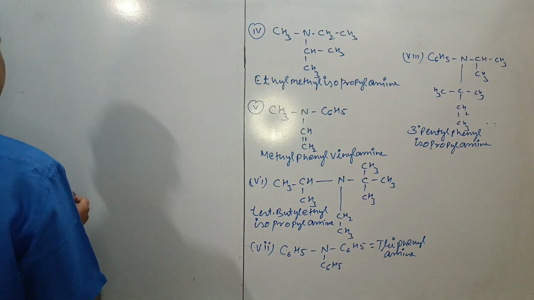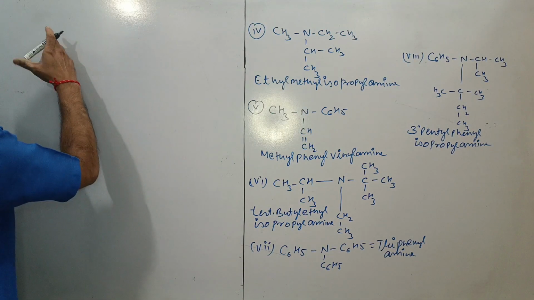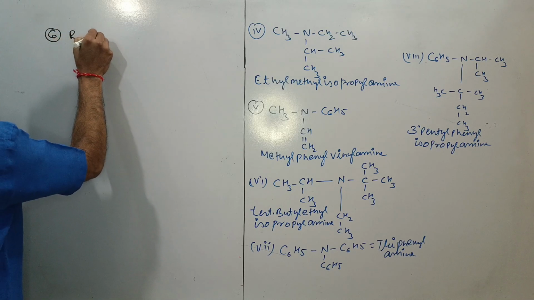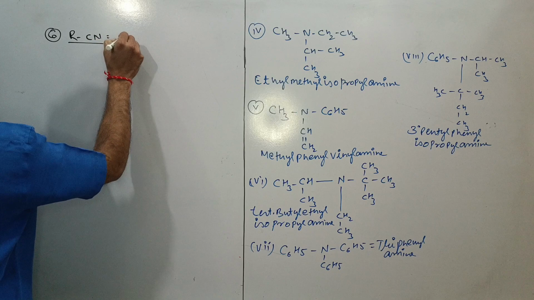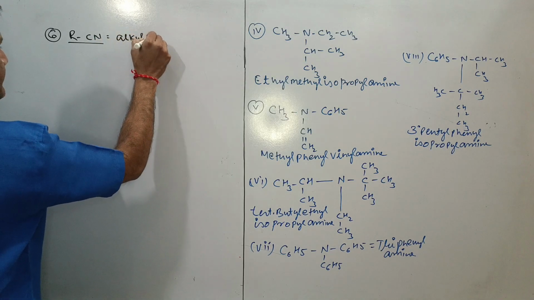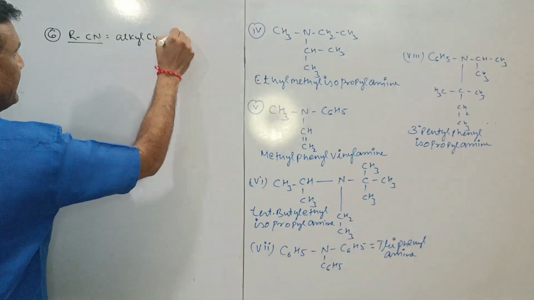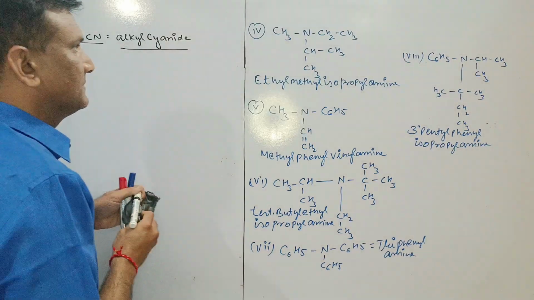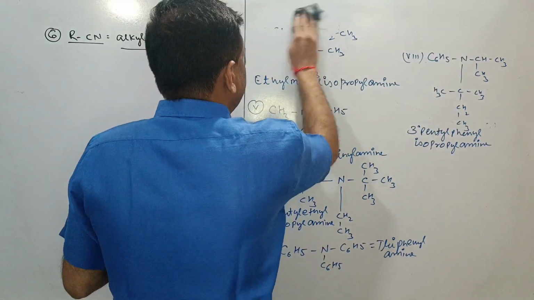This is the sixth marking of the function group. This is RCN, also called alkyl cyanide. So the possibilities may be as follows.